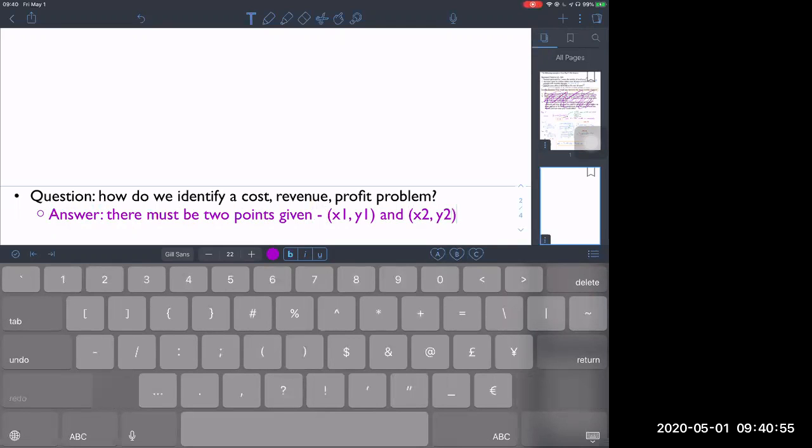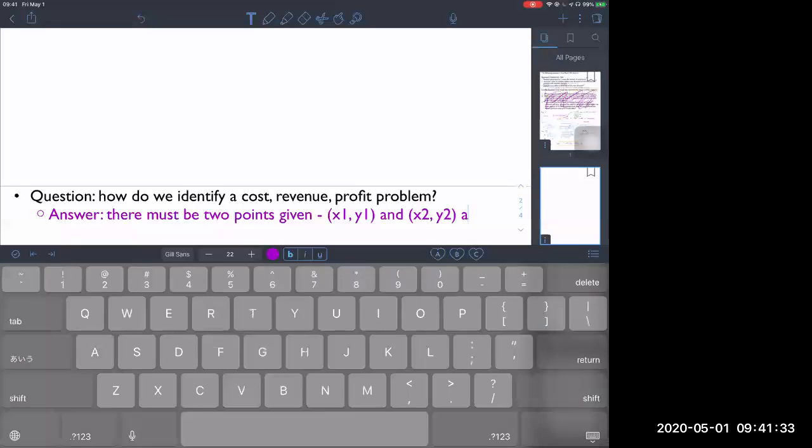Now remember, they're not going to be written out like that. They're going to be written out in sentences and you have to identify which is which, right? And the hint is that normally if it's cost revenue profit, the money portion is normally the one that has the Y values, right? So that's that.